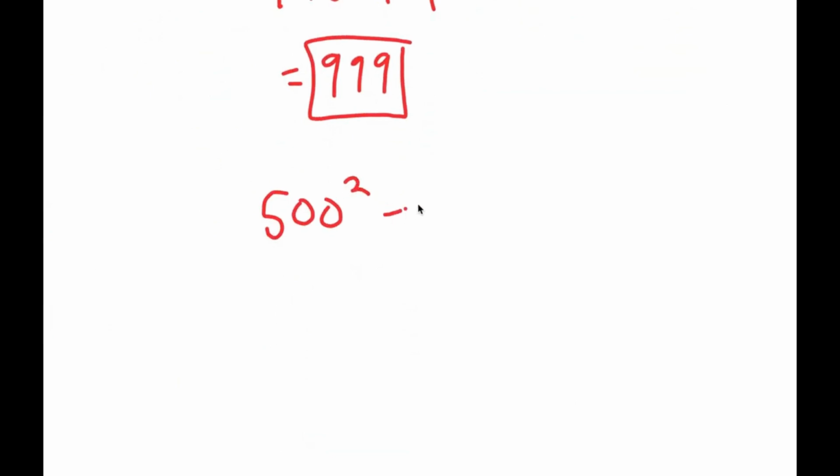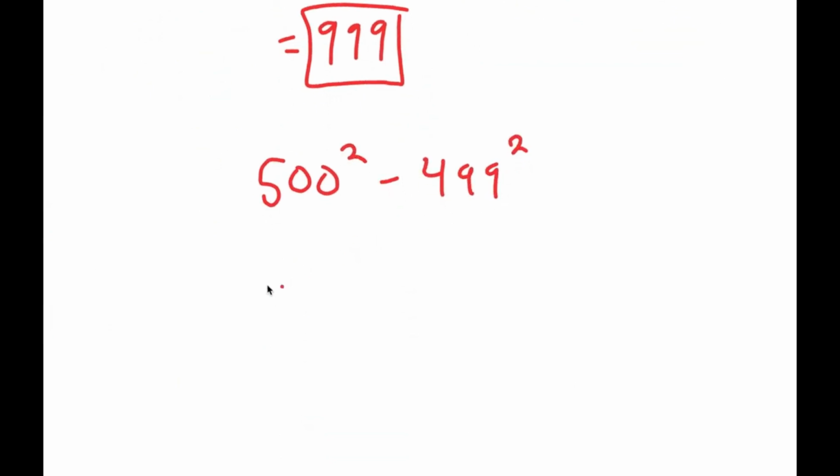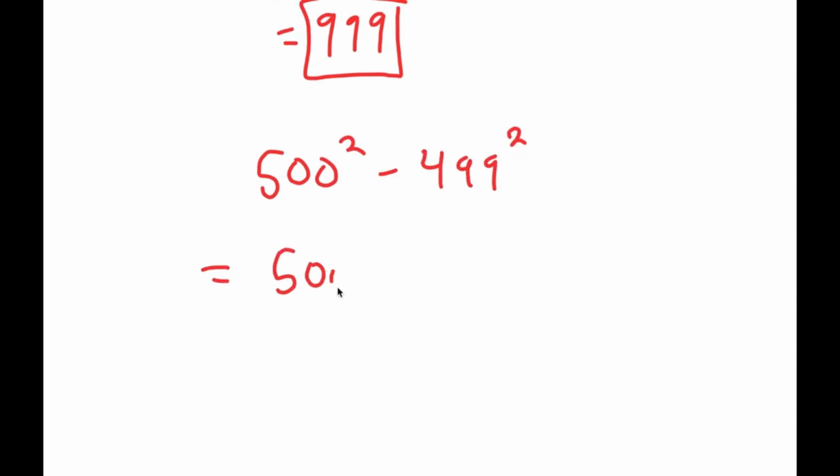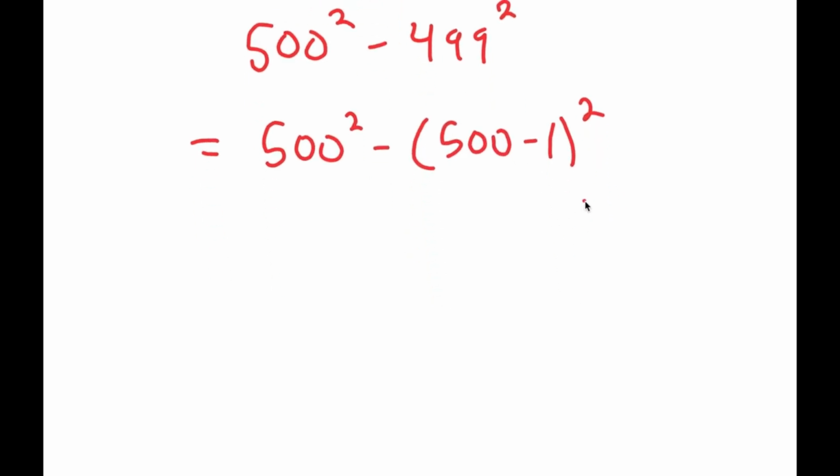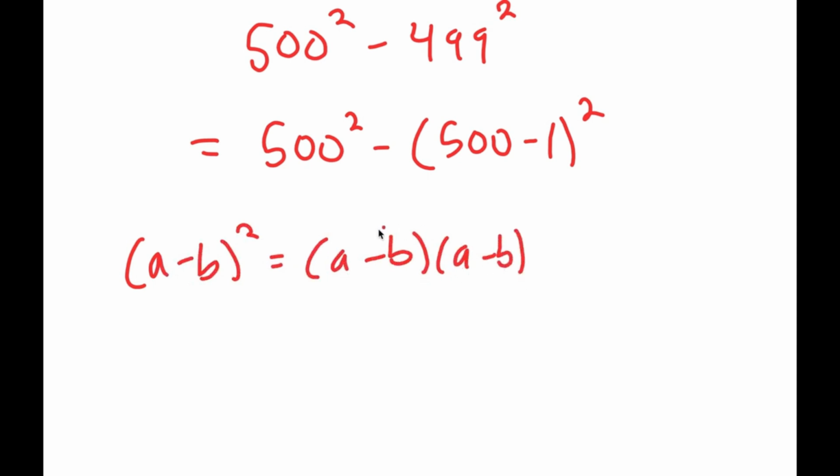So I have 500 squared minus 499 squared, and this time I'm going to rewrite this as 500 squared minus (500 minus 1) squared. Now, if I have something in the form (a minus b) squared, this is equal to (a minus b) times (a minus b), which is equal to, if I factor this out, a squared minus 2ab plus b squared.